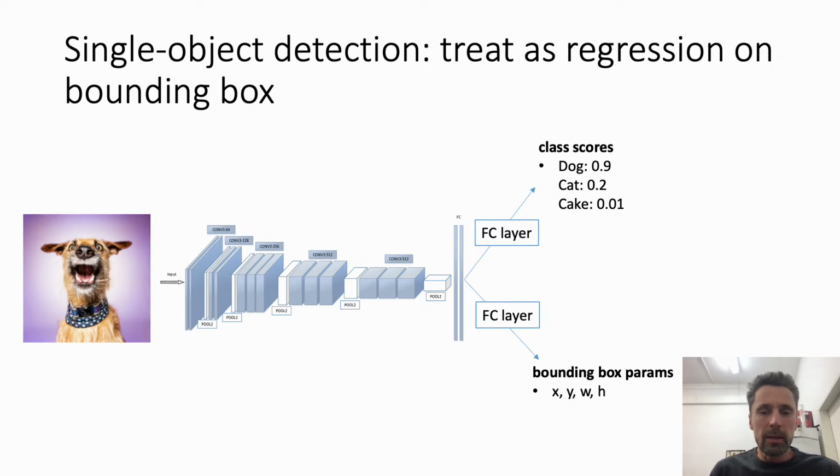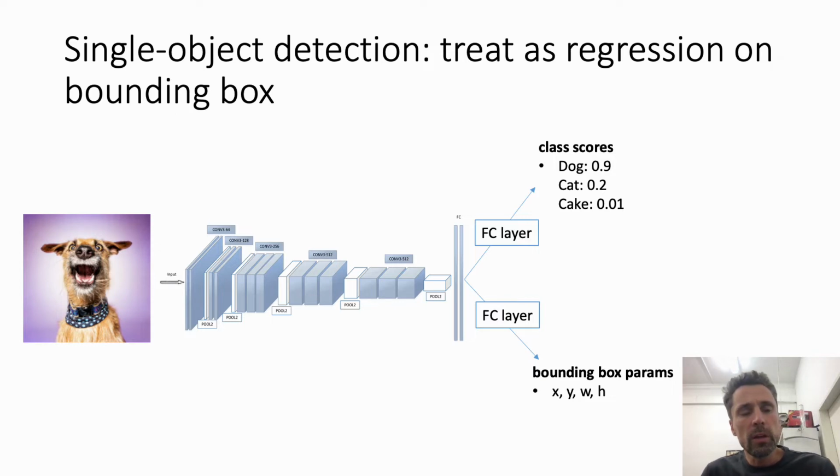We can think of this task as an extension to the classification idea, right? So an input is an image, then we have some convnet, and in the end we'll have an output vector that corresponds to the class probability, for the input being a dog and a cat and all these things.